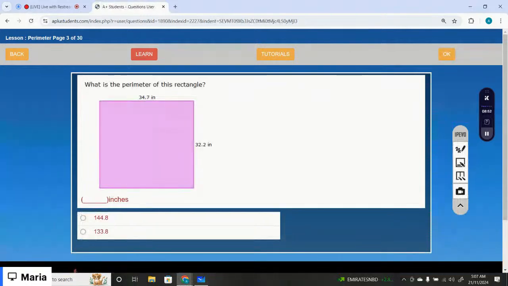What is the perimeter of the rectangle? Opposite sides are equal in measurement. So which is the correct option?